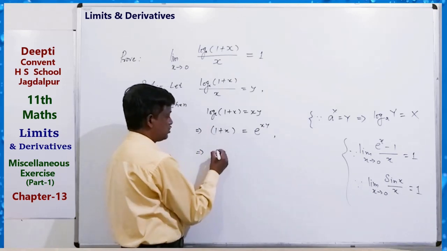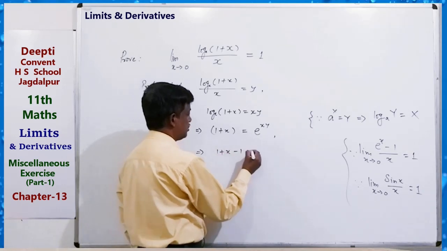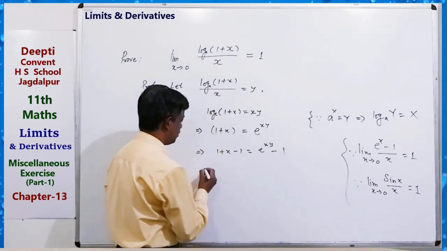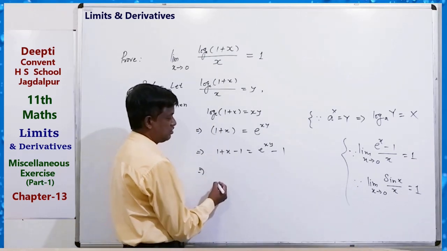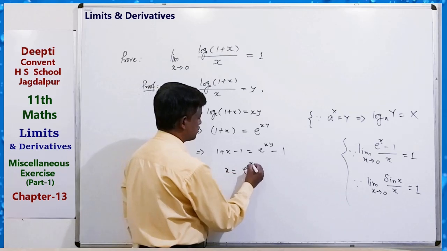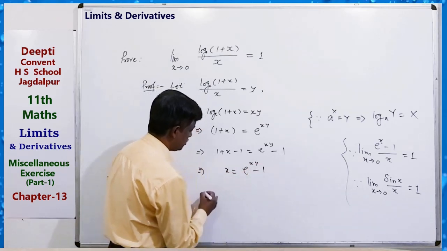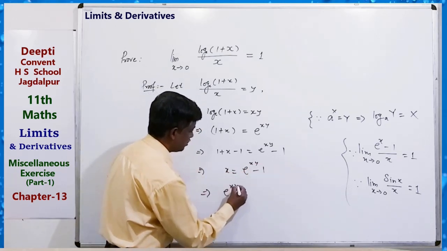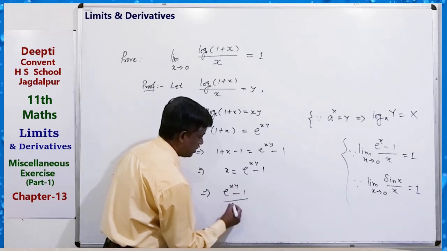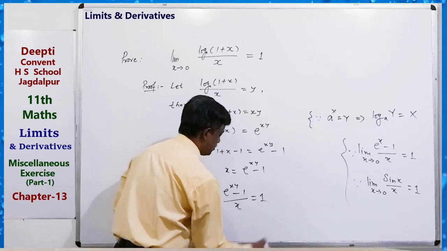Minus 1. So 1 plus x minus 1 equals e to the power xy minus 1. Just subtract 1. So we see that x equals e to the power xy minus 1. So we can write (e to the power xy minus 1) upon x equals y.